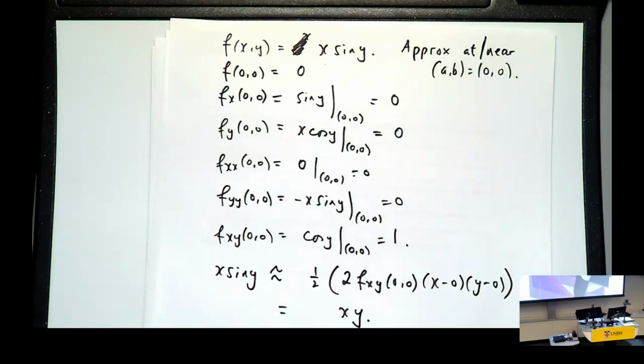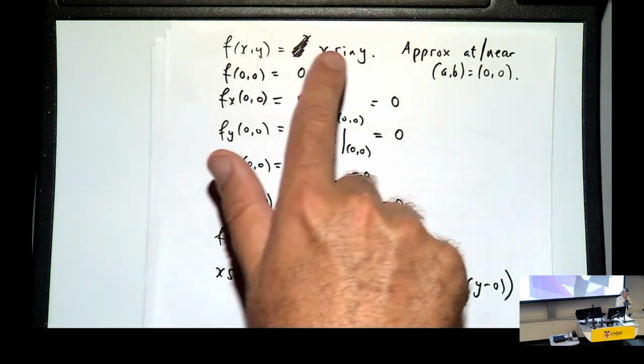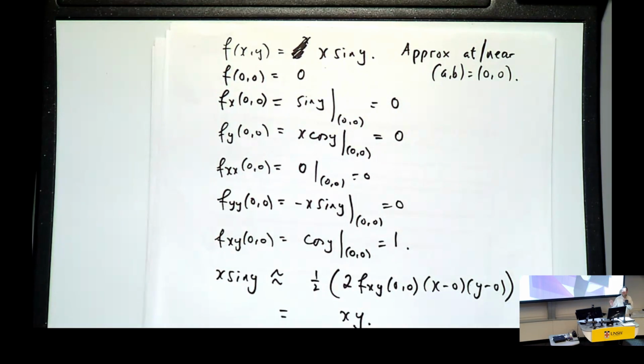I don't quite understand how you got to the last line, the x sine y is approximate to. Is that from the other page where you went to the big Taylor polynomial? Yeah. So let me show you. That's a good question. So this is our original function, and that's what we're trying to approximate.